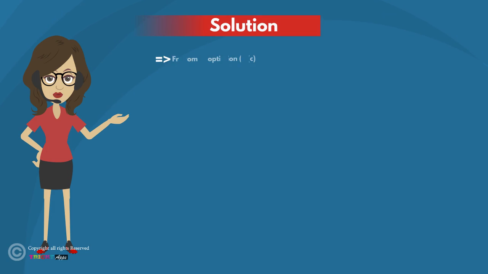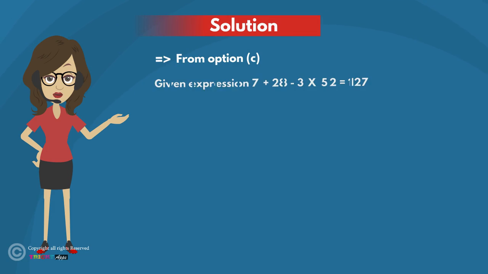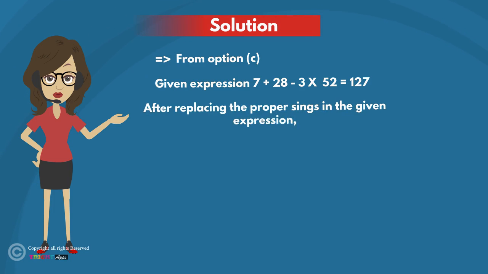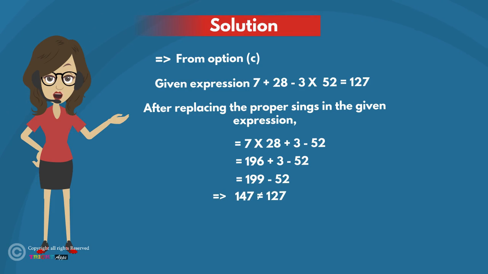From option C, given expression is 7 plus 28 minus 3 into 52 is equal to 127. After replacing the proper signs in the given expression, we get 7 into 28 plus 3 minus 52, that is 196 plus 3 minus 52, and that is 199 minus 52, which is 147, and this is not equal to the given expression in the question, which is 127.